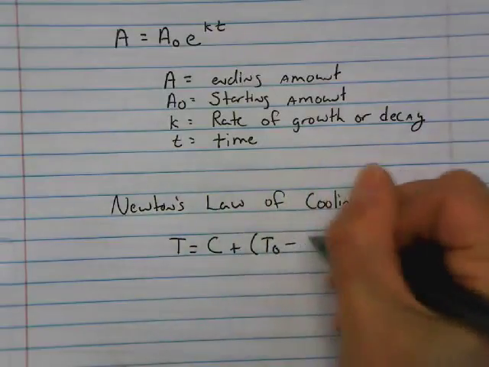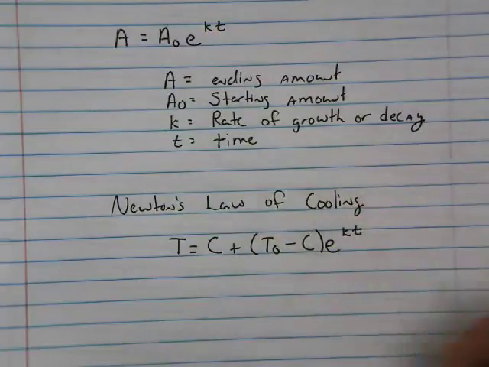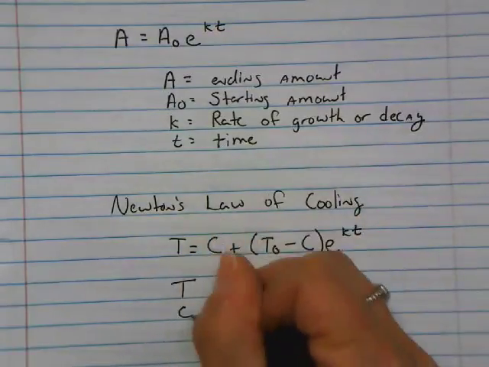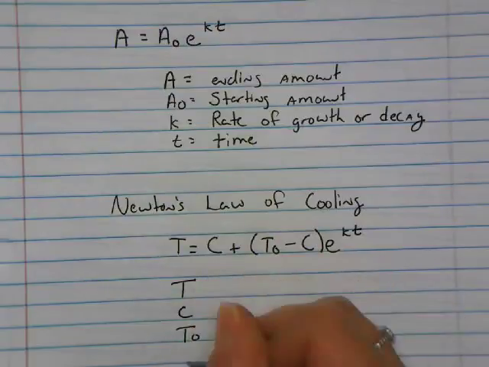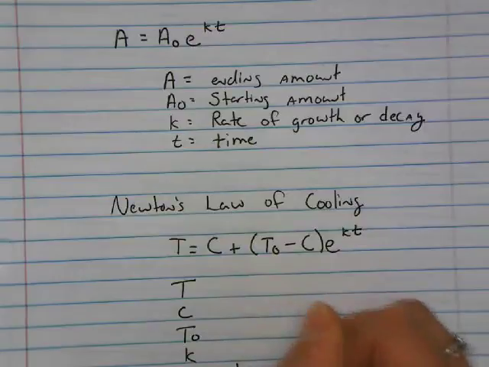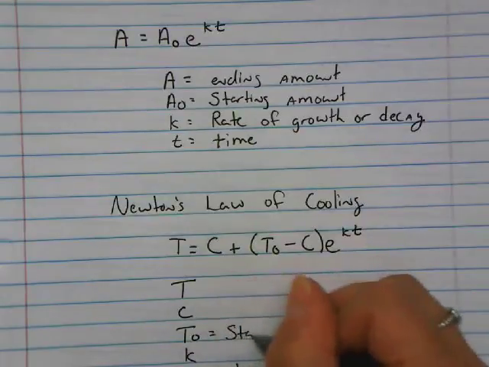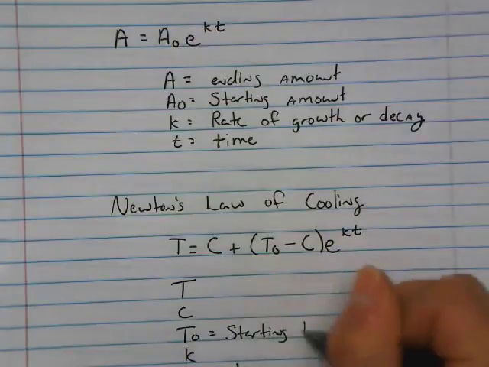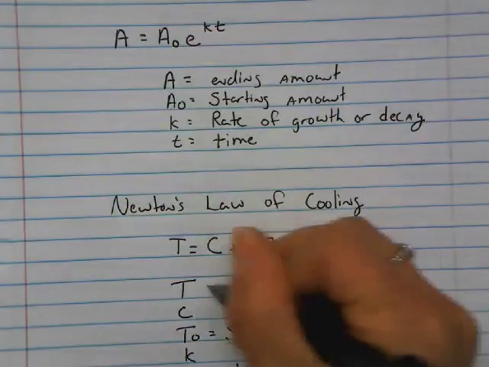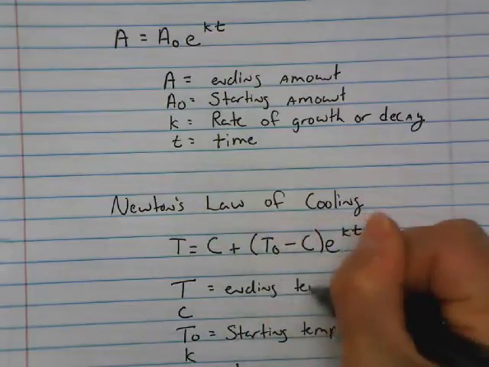Alright, again, we have T, C, T sub 0, k, and t. We know t, again, is time. T sub 0 is your starting temperature. T is your ending temperature. C is your constant temperature, which is typically the air temperature.